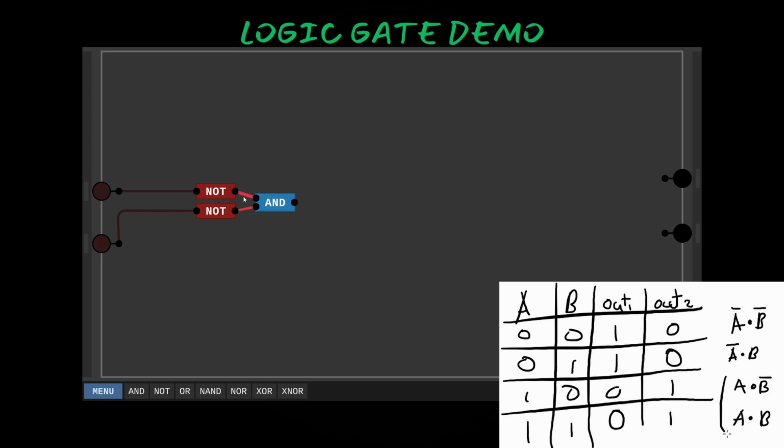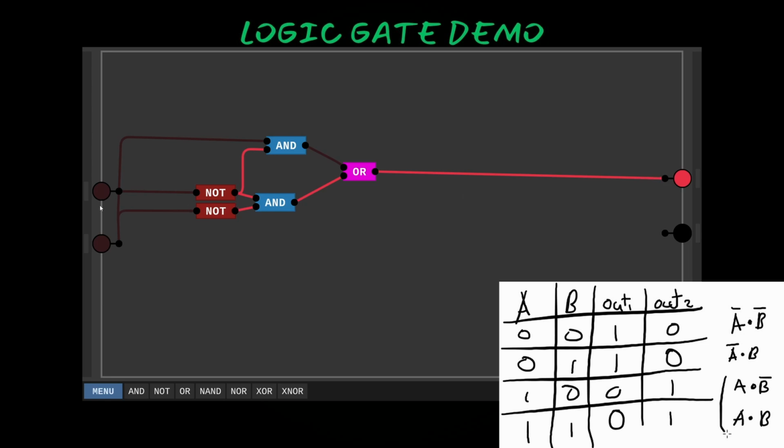A is already inverted here, so we're just going to take it off of that and stem off of it. And this one goes here. So what I've just done is B goes to an AND gate, inverted A goes to an AND gate, and these two inverted go to an AND gate. At the end I will put these together into an OR gate, and that will go to my out 1.